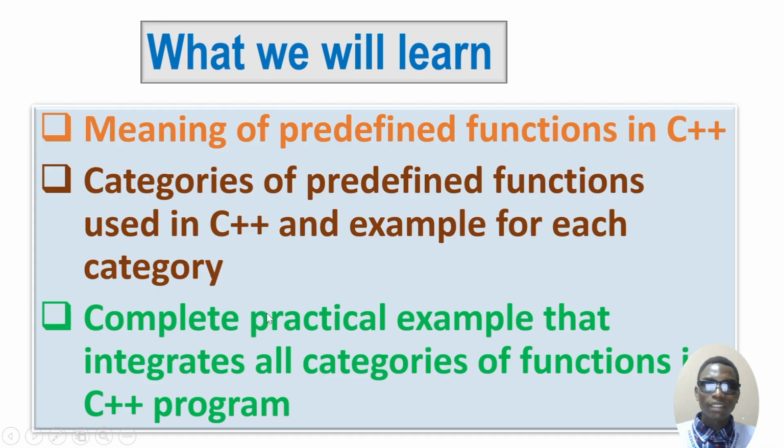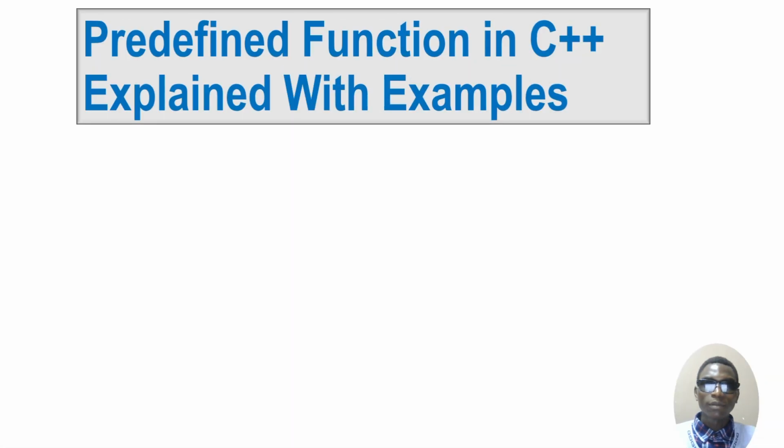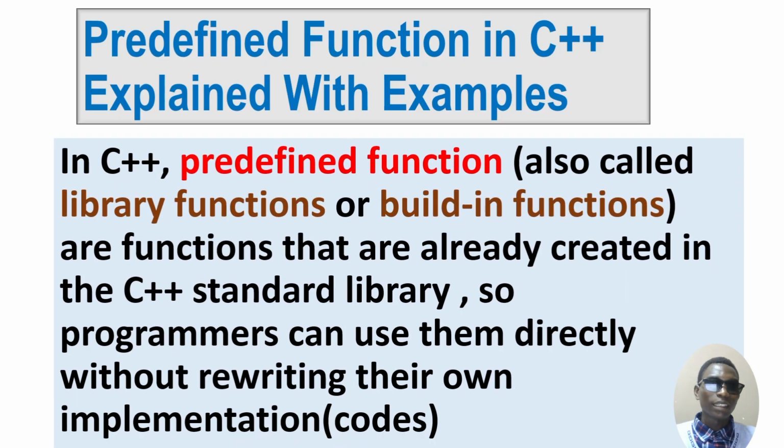So let us start with the meaning of predefined function. Yes, here, predefined function in C++ explained with examples. When we say predefined function in C++, it's also called a library function or built-in function. These are functions that are already created in the C++ standard library.